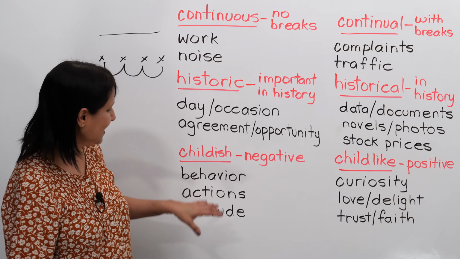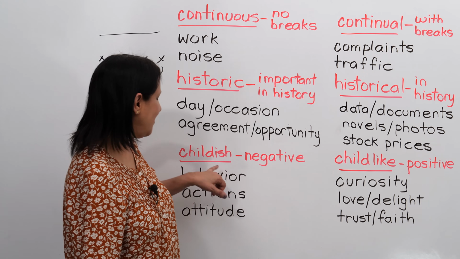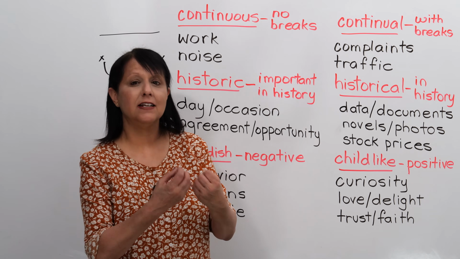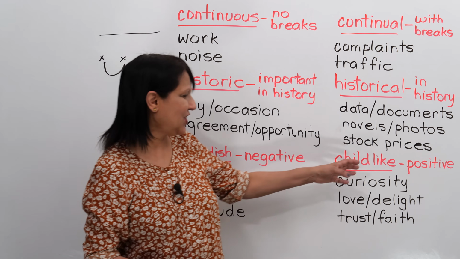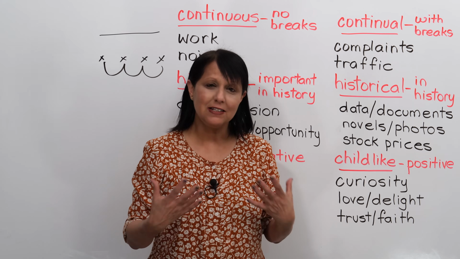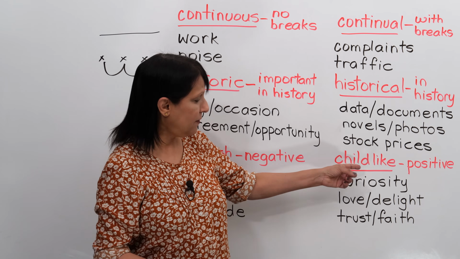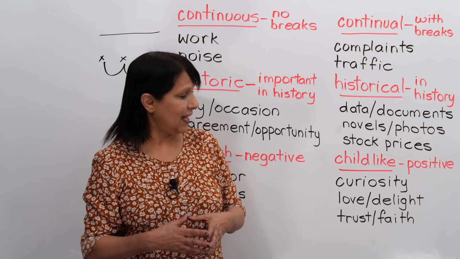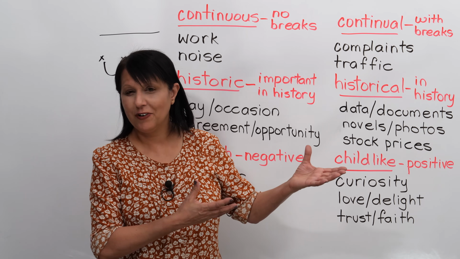The last two, childish and childlike. All right, so again, we said childish refers to the negative qualities that a child may have, and childlike refers to the positive qualities that a person could have. Now, often when we use childlike, we are actually talking about people who are not children.